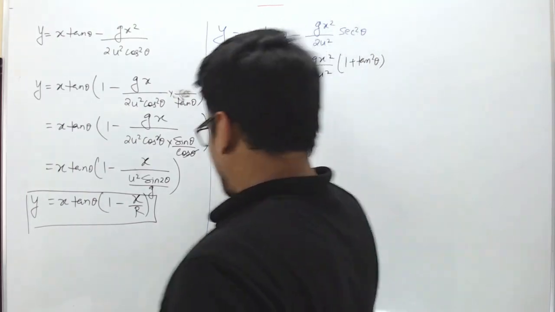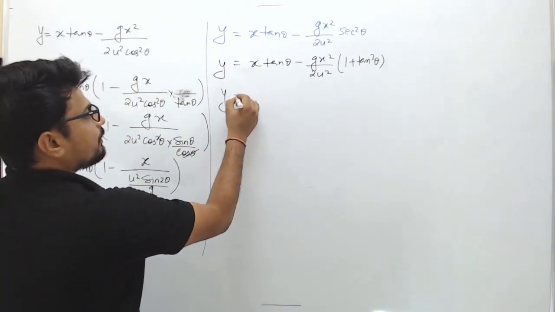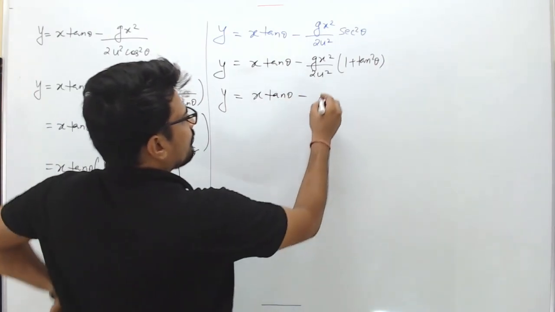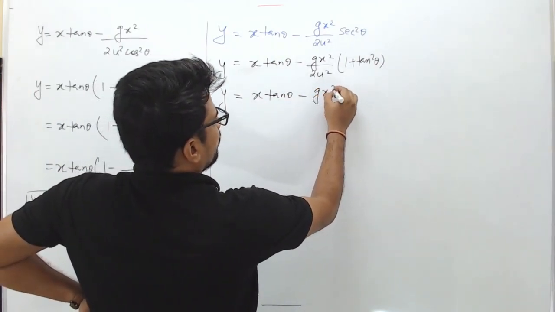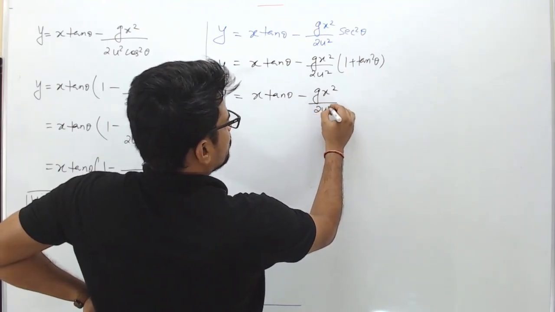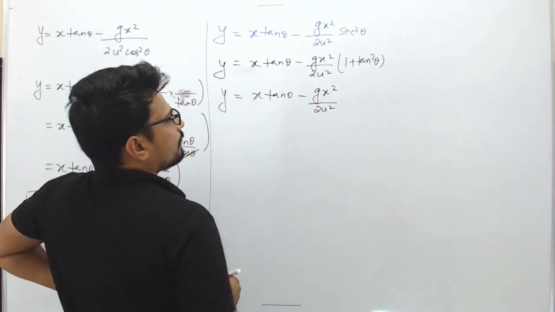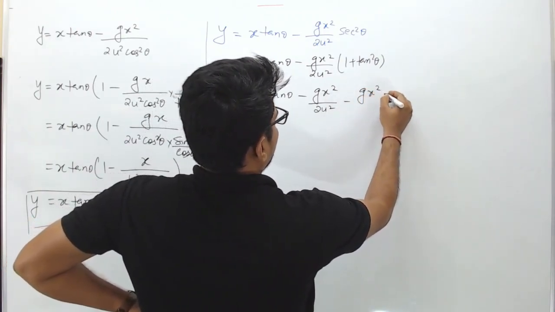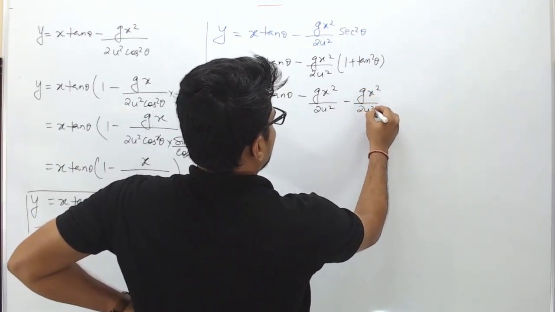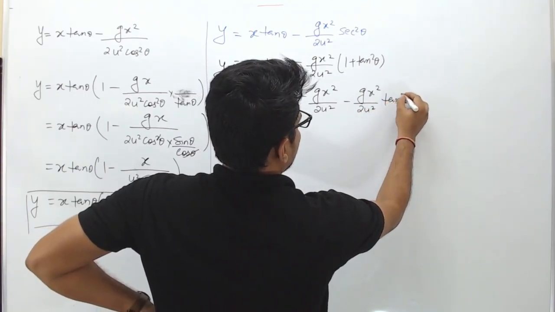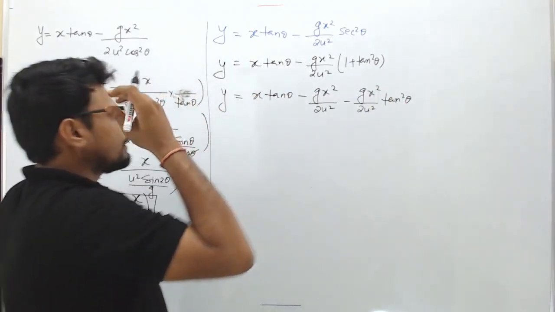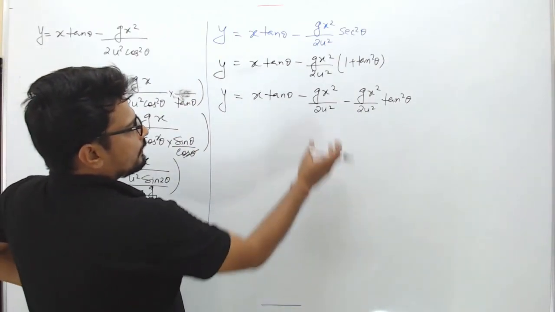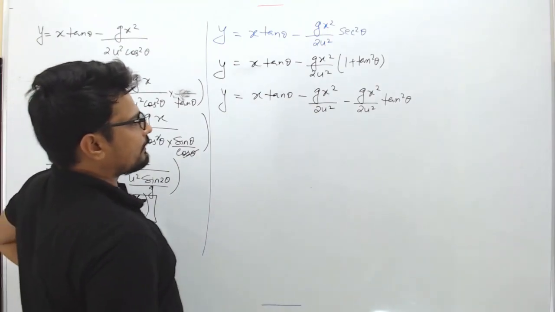So this y, okay, let me come to this side so it could be visible to you people. While I'm writing x tan theta negative, I can say gx square upon 2u square. All good? And here we have what? Negative gx square upon 2u square tan square theta. Let's try to make it a quadratic in tan theta. Get the constants together.